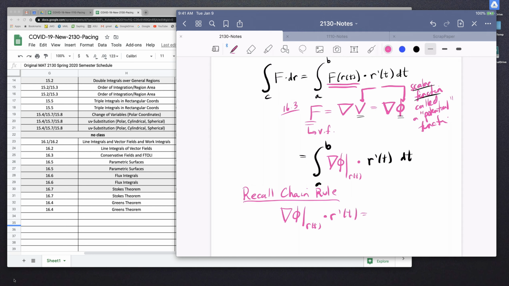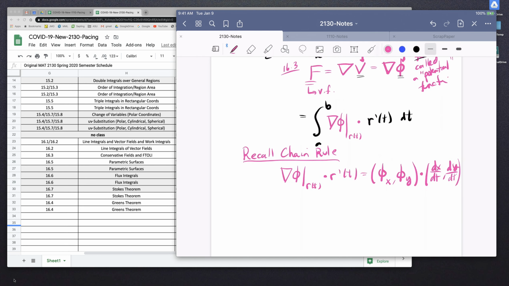If we were to multiply that out, the gradient would be the derivative of the function phi with respect to x, phi with respect to y, if our function phi is a function of two variables. R prime of t is dx/dt, dy/dt, the direction vector of the curve.